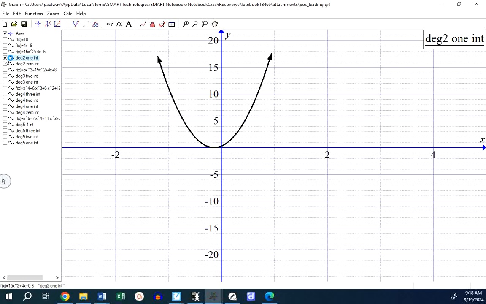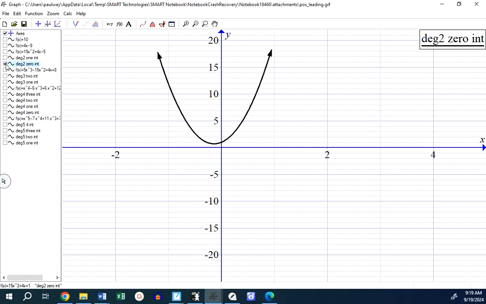Does it have to have 2 or 1? No, it can have 0. If I translate it up enough, it can have 0. So a degree 2 polynomial function can have any number of x-intercepts from 0 to degree 2: 0, 1, or 2.